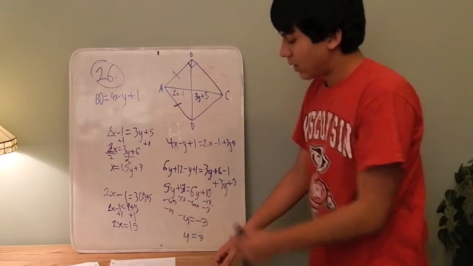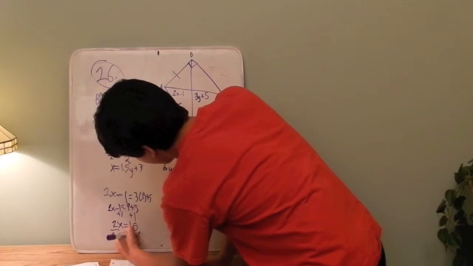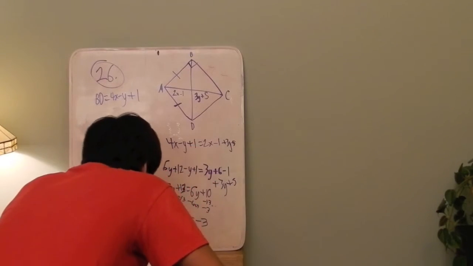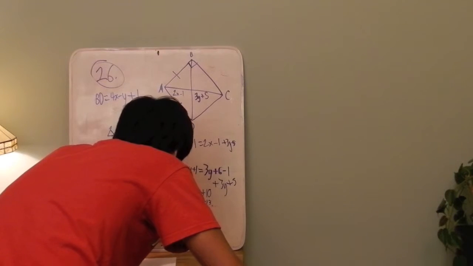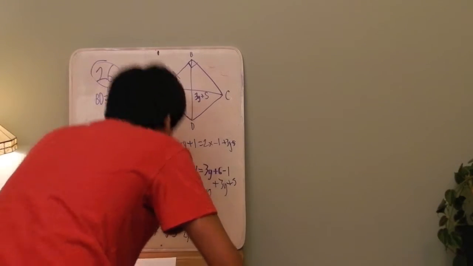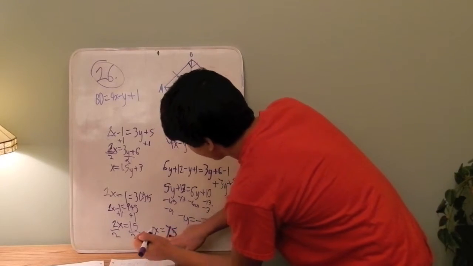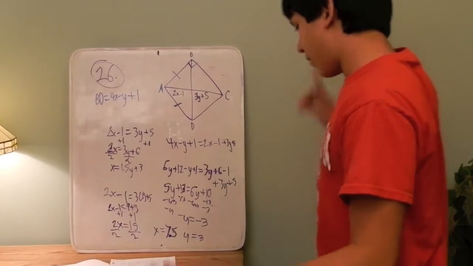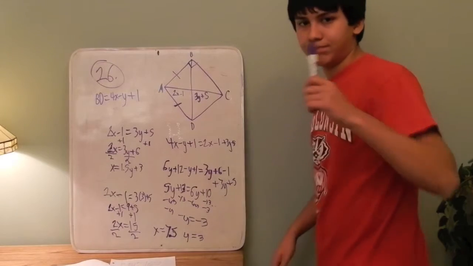So it's 2x = 15, divided by 2 to get x = 7.5. Alright, so final answers: the values of the variables are x = 7.5 and y = 3.